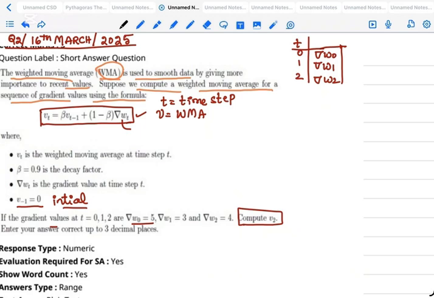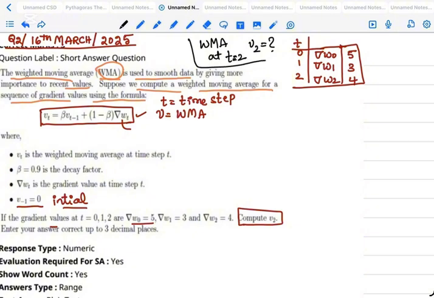So delta W0 is 5, delta W1 is 3 and delta W2 is 4. These values are given in the question. Compute V2, the weighted moving average at time step t equals 2.